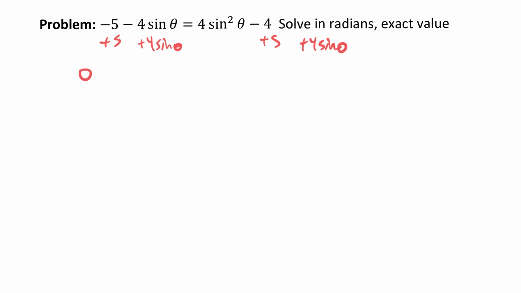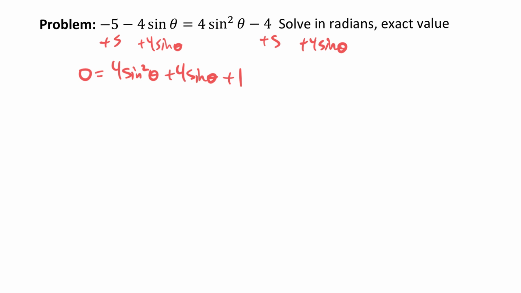We're going to have 0 equals 4 sine squared theta plus 4 sine theta plus 1. And how are we supposed to get sine by itself? It's got a sine squared and a sine. This just doesn't really work.